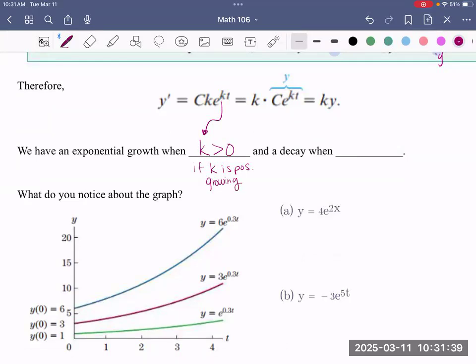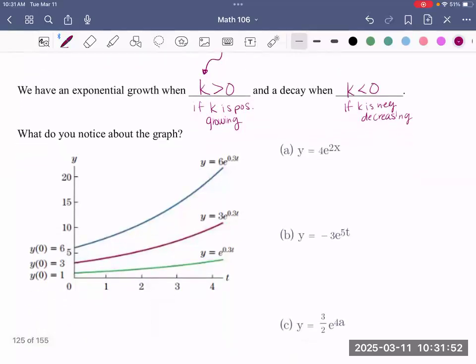Whereas we have a decay if k is less than 0. If k is negative, we are decreasing. And you'll see that over here: if you take a look at all of your k values here, these are all positive, therefore we are all growing.